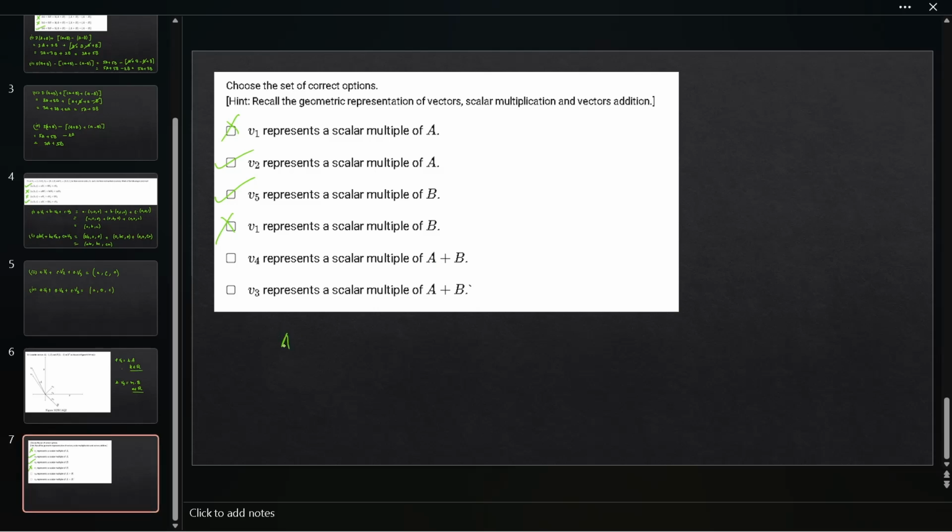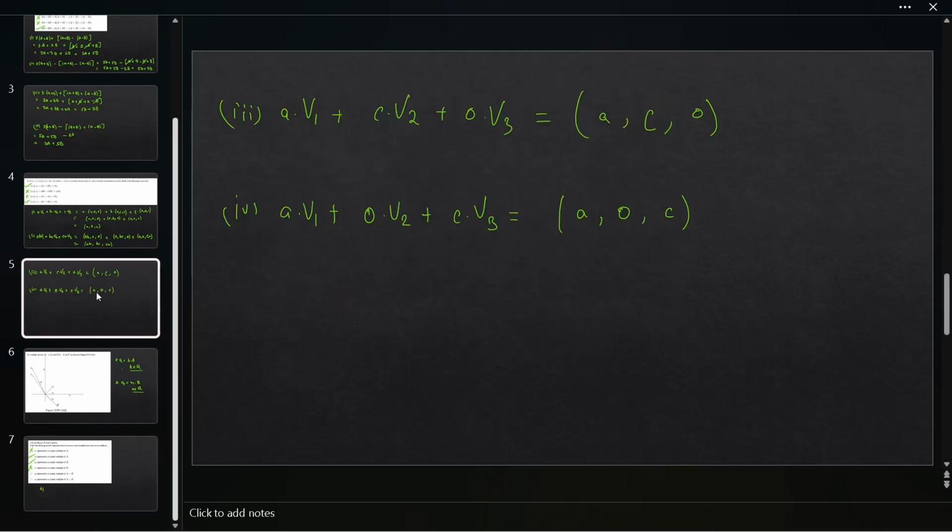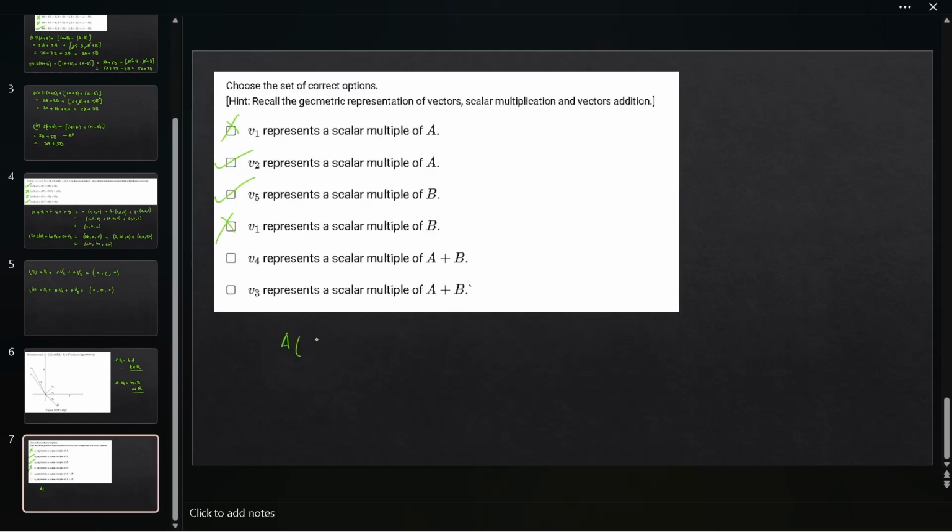So we know that A is basically minus 1 comma 2, whereas B is 2 comma minus 2. So if we talk about A plus B, that is going to be minus 1 plus 2 comma 2 minus 2, which would give us 1 comma 0.